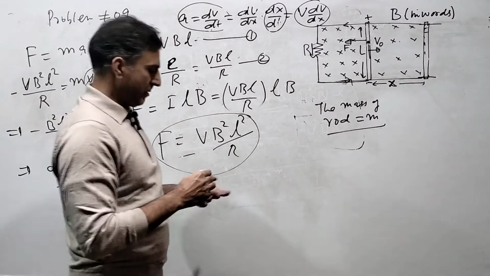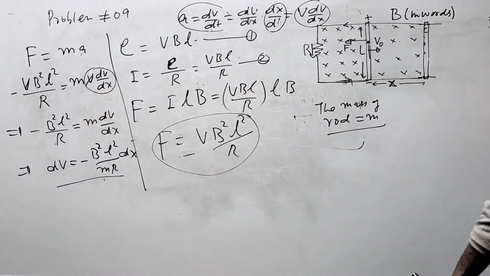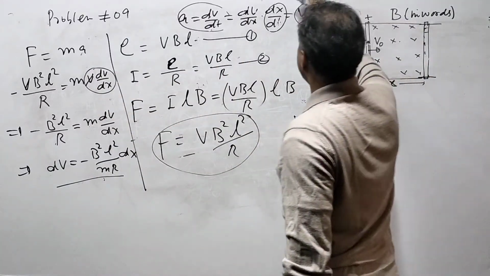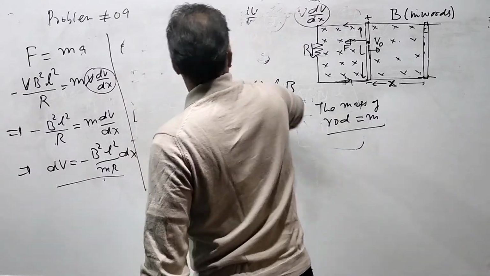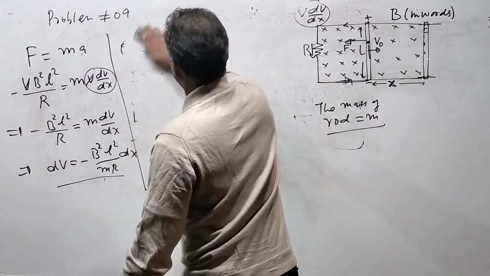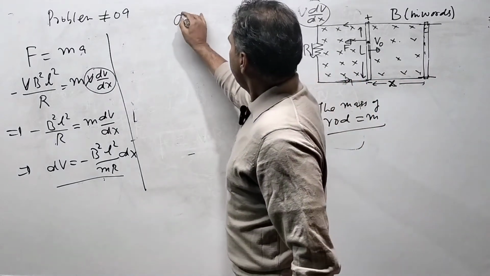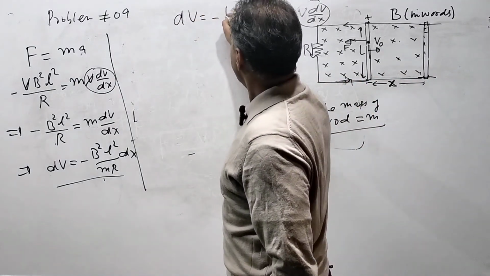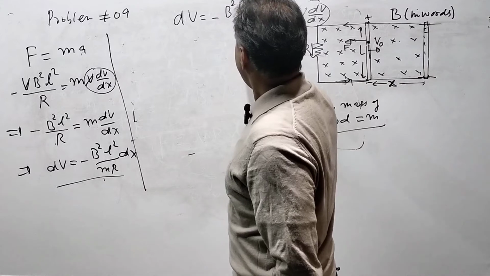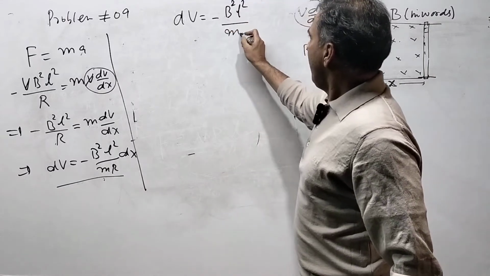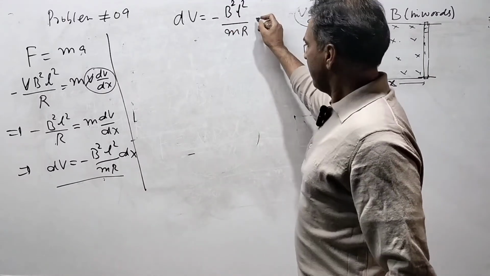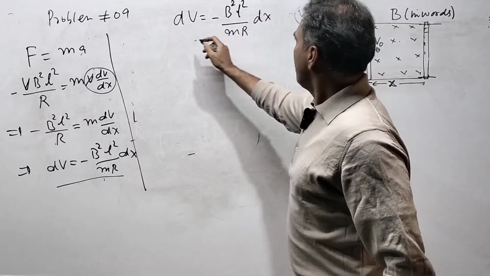Now what are you going to do with this? It is dV is equal to minus B square L square by MR, R is resistance, and dx. Integrate both sides.